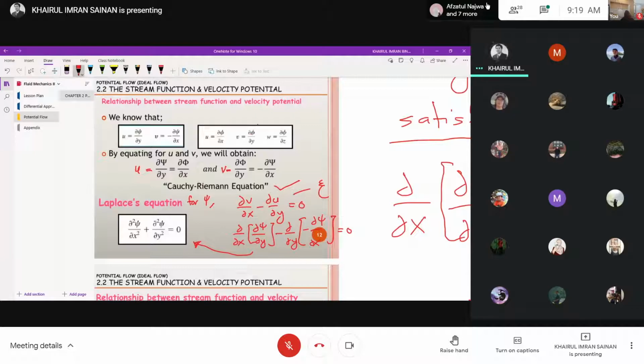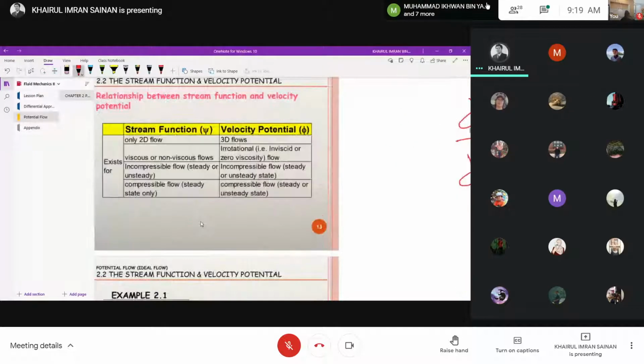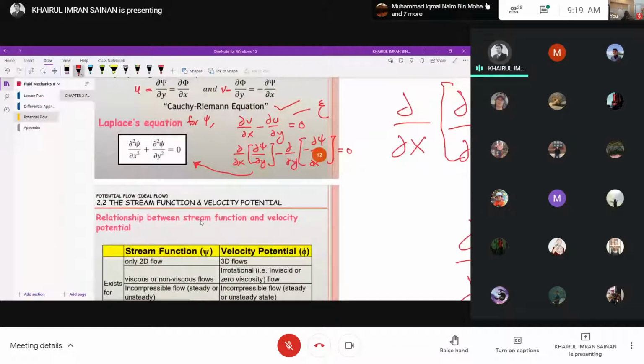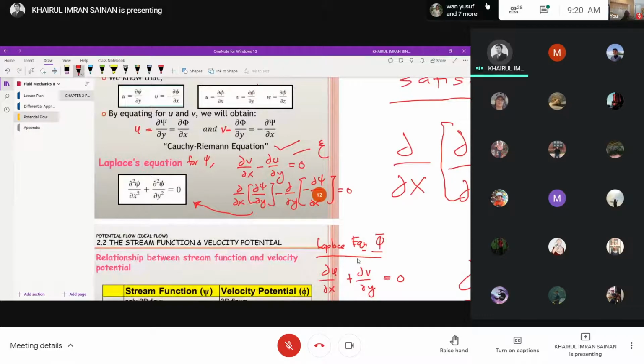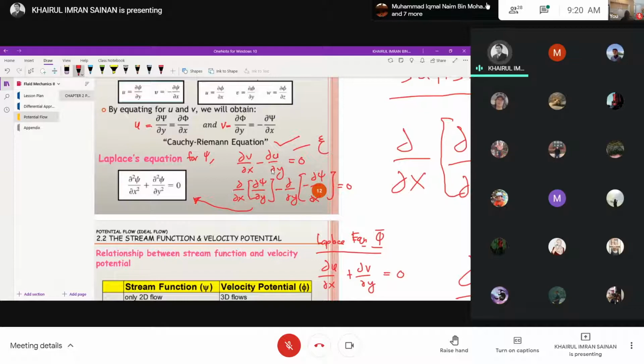Next is the Laplace equation for velocity potential. For this, you're gonna use continuity: del u over del x plus del v over del y equals 0. How do we derive the Laplace equation for velocity potential? We use the continuity equation. So you're gonna do the same. You put del phi over del x and del phi over del y.